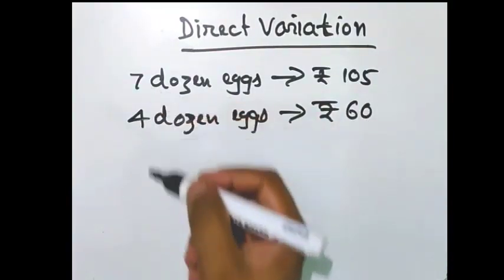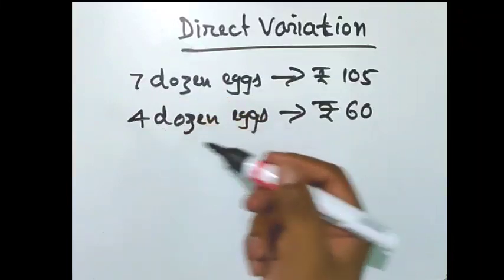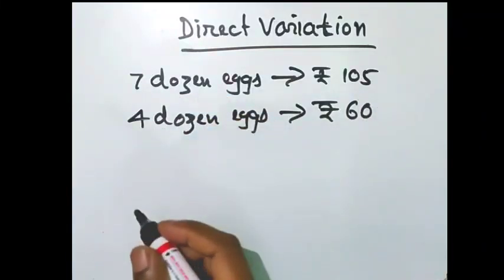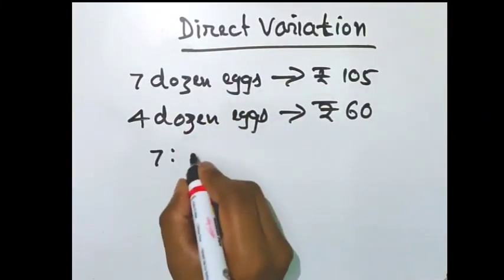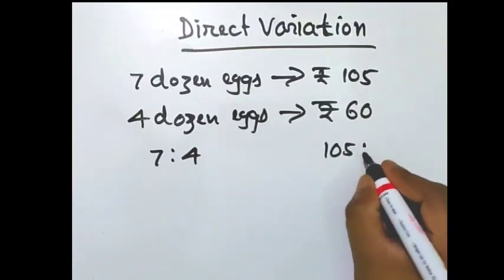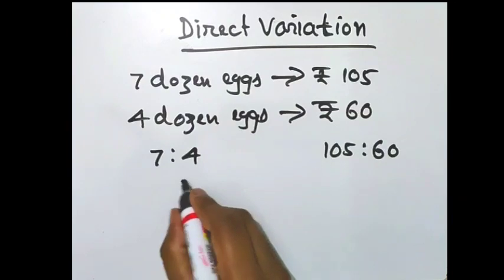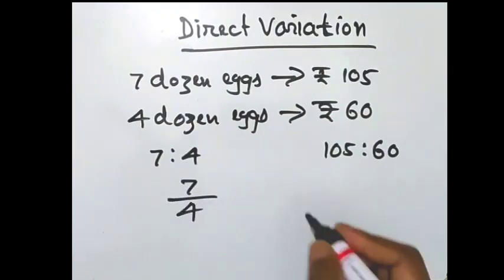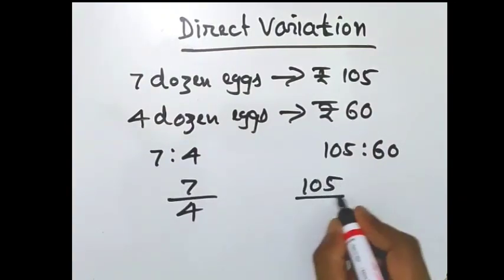Now let's see if the ratio of the first quantity is equal to the ratio of the second quantity. So 7 is to 4 and this will be 105 is to 60. So we can write this in the fractional form and same here.